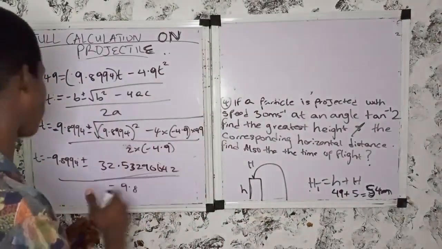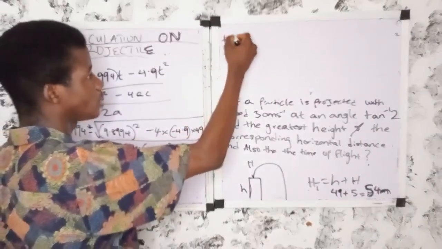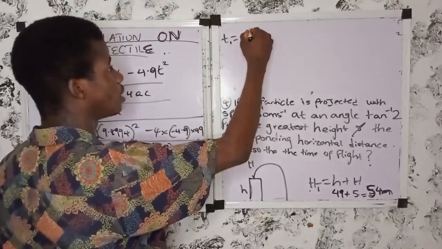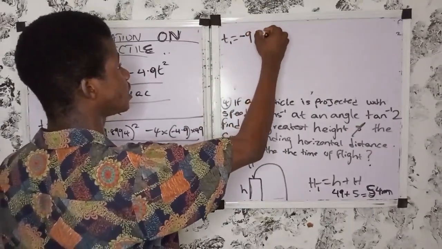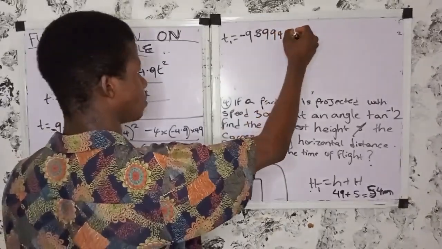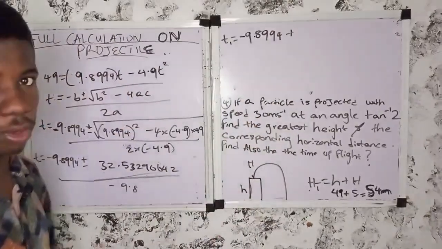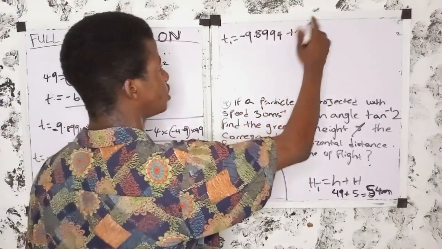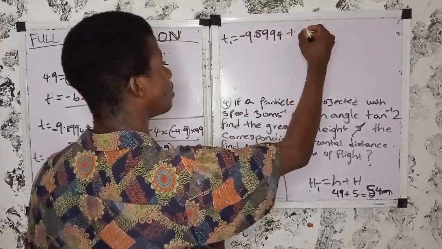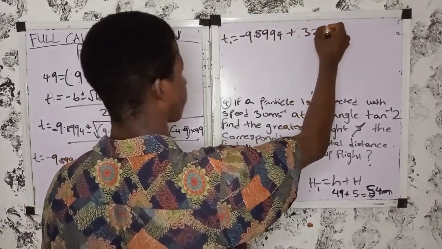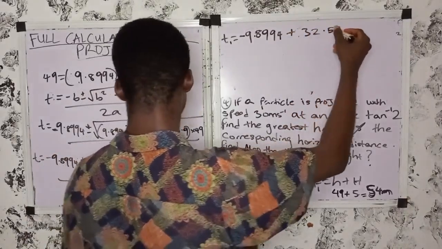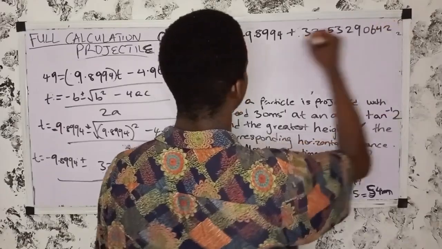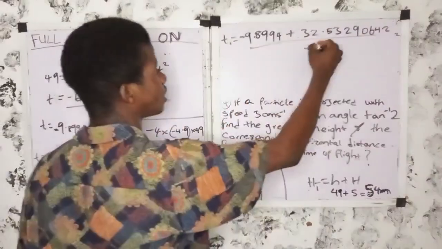Let me do one part first. Our t1 is equal to minus 9.8994, then plus, since one of them is positive and the other negative, plus 32.53290642, then divide by minus 9.8.